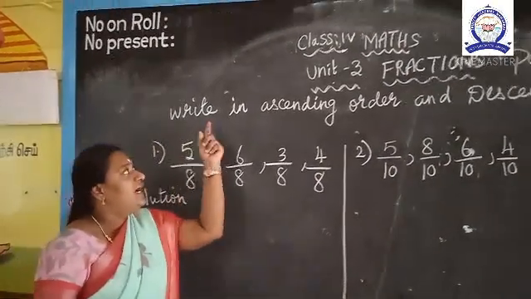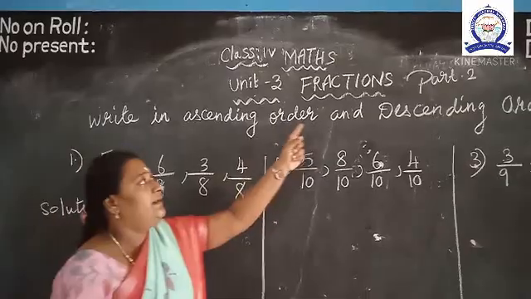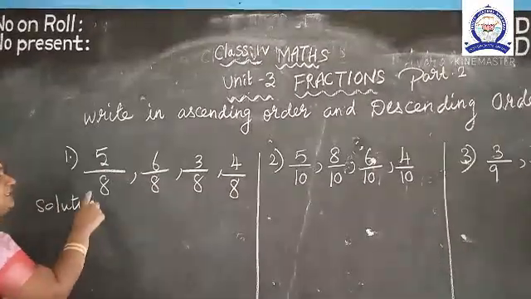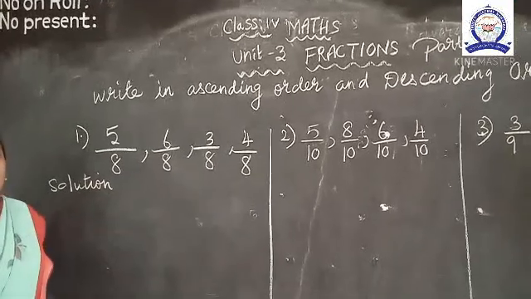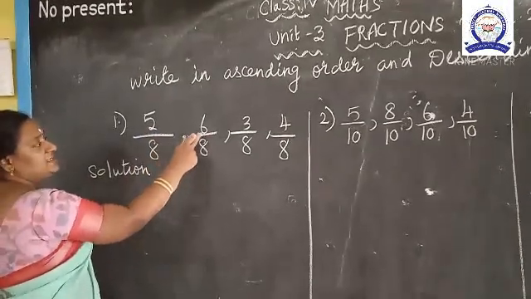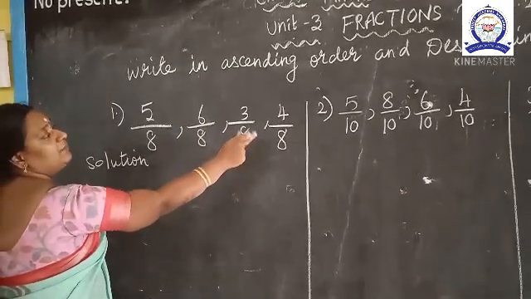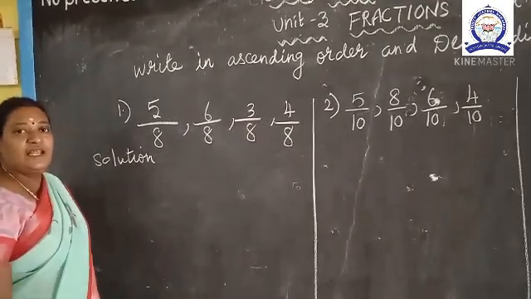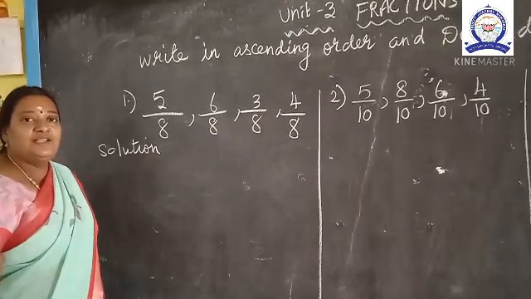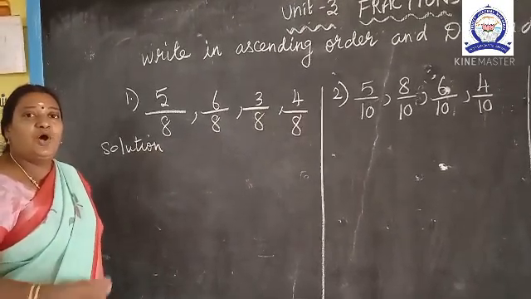Next we are going to see write in ascending order and descending order of fraction. Okay children, listen first question. So we have to arrange in ascending and descending order of fraction. So given question is 5 by 8, 6 by 8, 3 by 8, 4 by 8. Okay, this is a like fraction. The denominators are same. So you straight away arrange in ascending order. Ascending order means small to big.